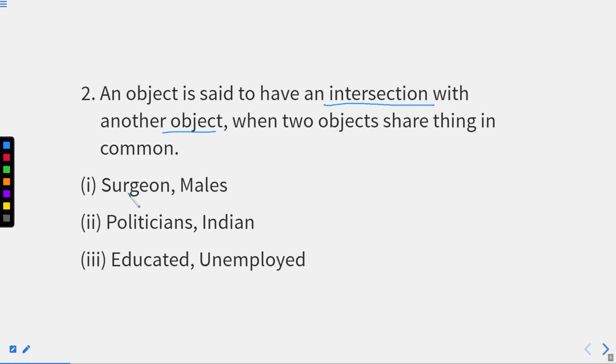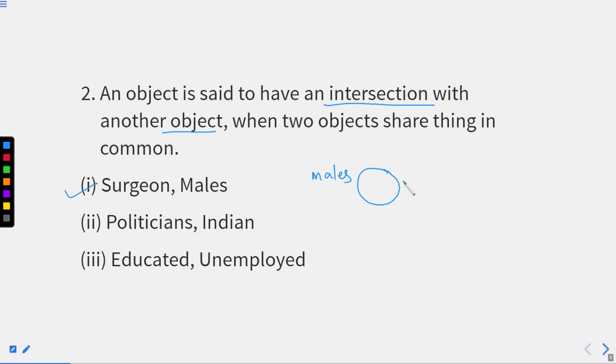So if I take the example of the first case, the first case says a surgeon and a male. You know that a surgeon is someone from the medical line, and definitely either he will be a male or a female, right? And males cover all the boys or the men, right? So if I use this circle to represent males, don't you believe there are a few males who are surgeons as well?